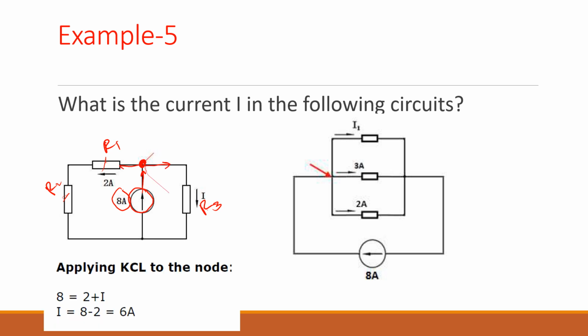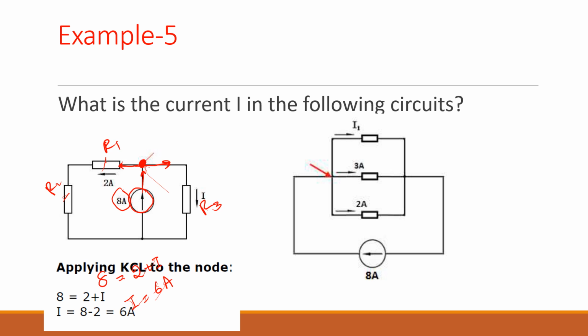So the current coming into this node is 8, and it should be equal to the sum of the currents going out from the node. So that should be 2 plus I. So we can find I should be 6 amps. So 8 coming into this node, 2 going to the left and 6 going to the right.